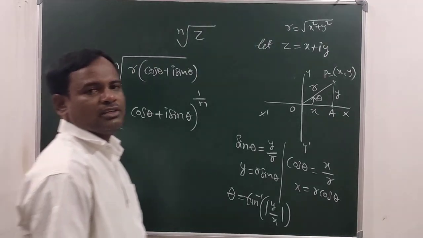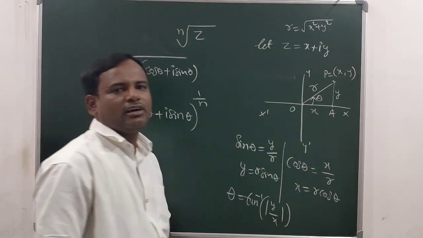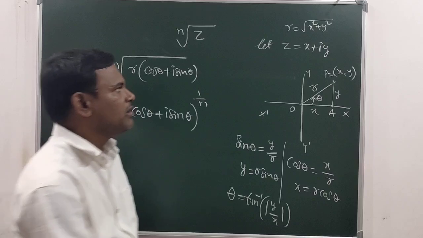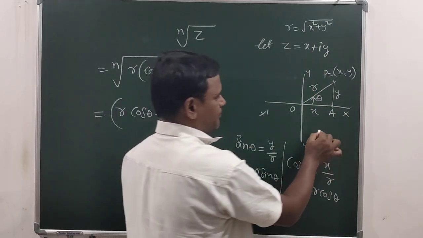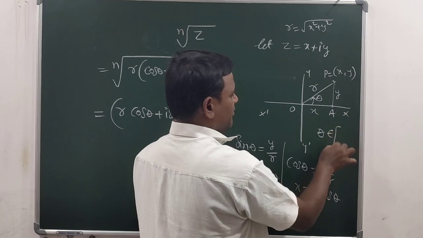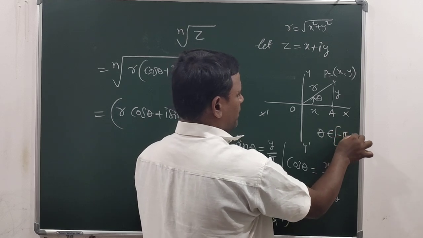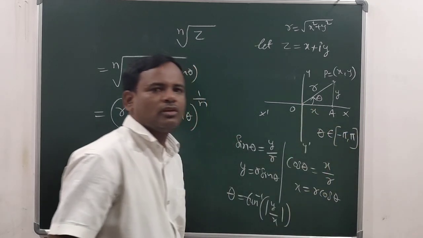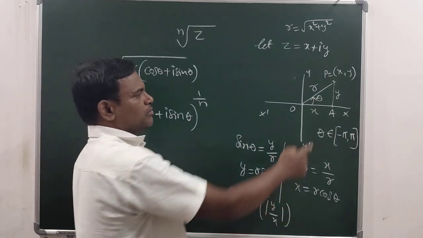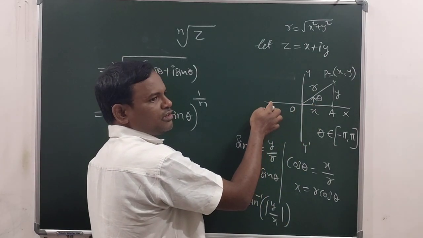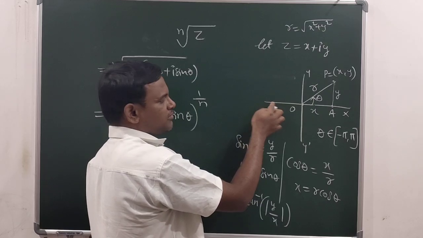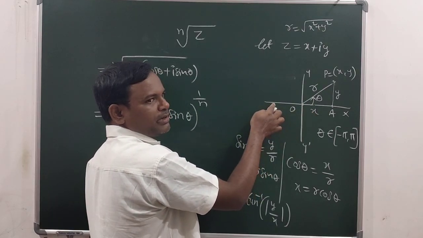You know students, here theta is the argument of this complex number, which belongs to the closed interval of minus pi to pi, which means you start from here. If you measure an angle in the clockwise direction, you have to represent it with minus. From here to here, how much angle is rotated by us?